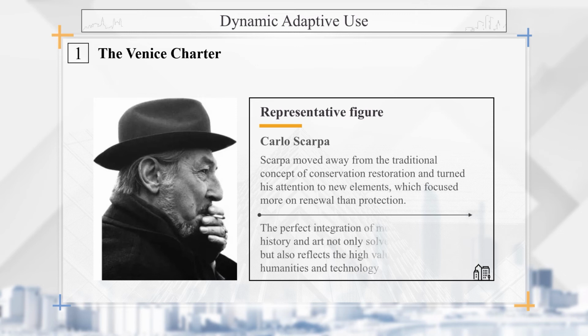In his transformation, modern use and history and art are perfectly integrated, not only solving the function of use, but also embodying the value of history, humanity, and crafts.